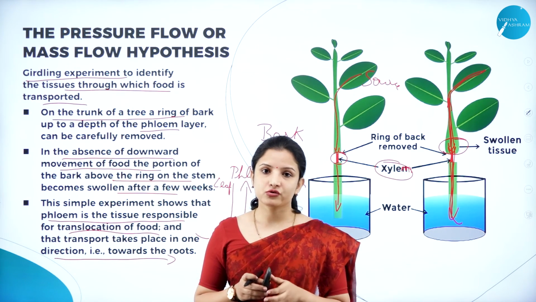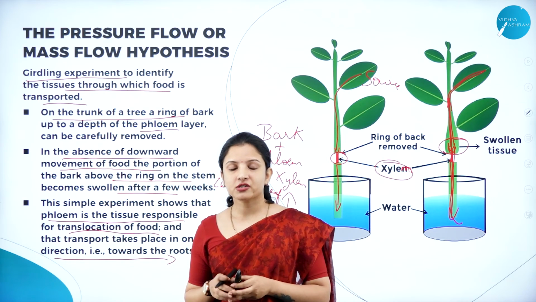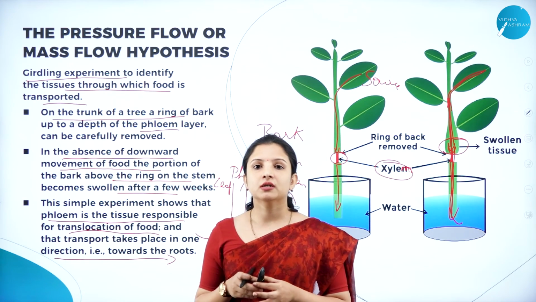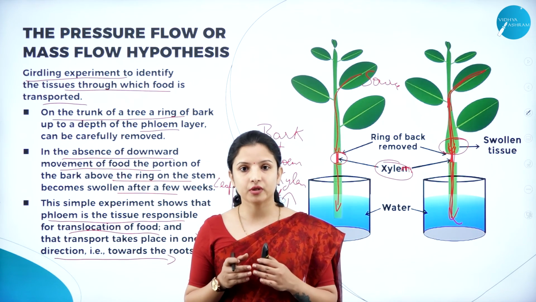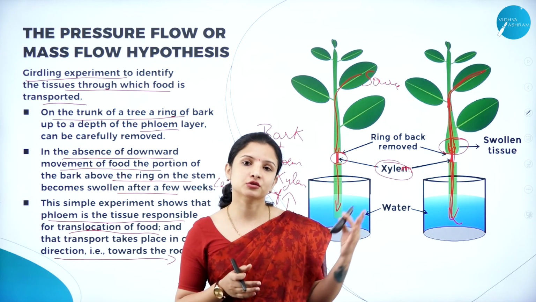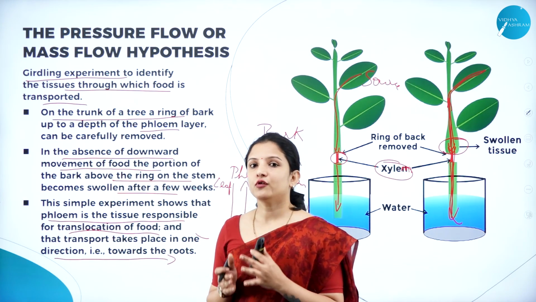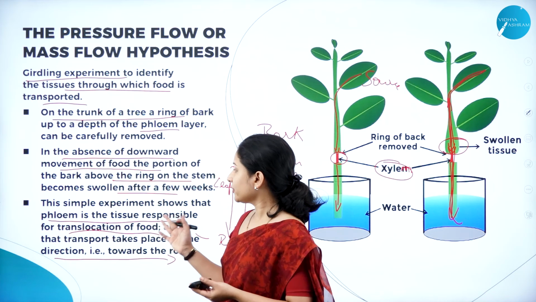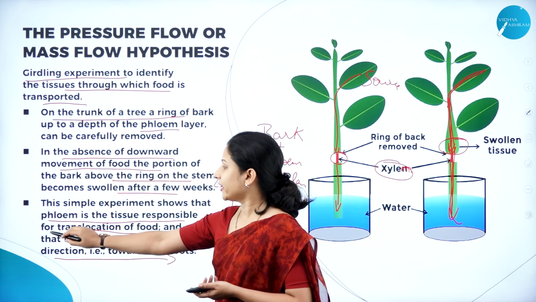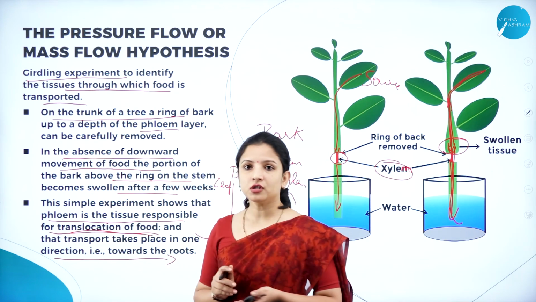Because phloem was removed, the food got collected in one particular region, which resulted in swelling of the bark. So this helped us understand that phloem is the one that helps in the translocation of the food.